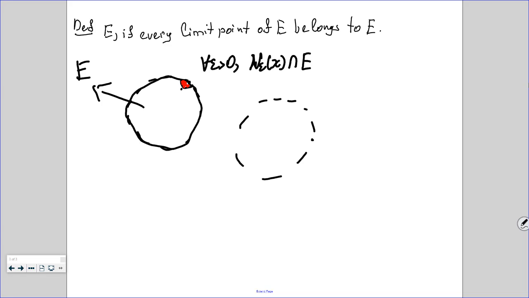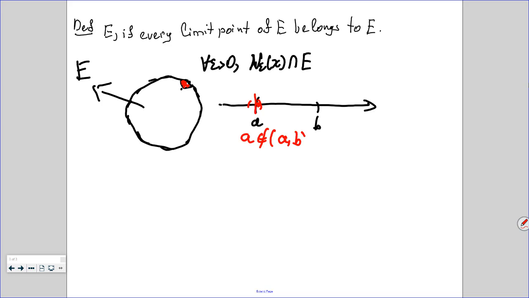In general, set E is not closed if we can find some accumulation point of E that does not belong to E. For example, for the open interval (a, b), consider point a. a is an accumulation point since whatever epsilon we take, the intersection with interval (a, b) is infinite. But a does not belong to interval (a, b). So the open interval (a, b) is not closed.